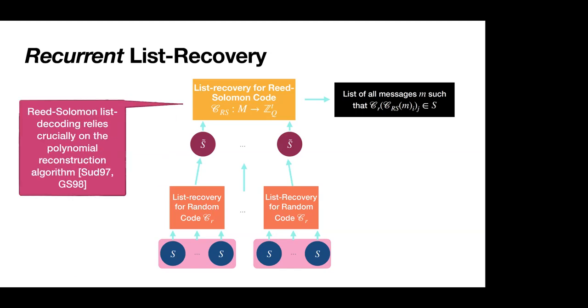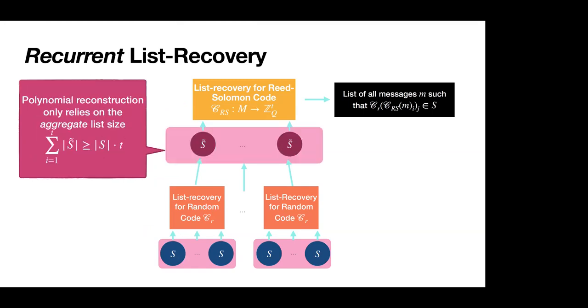And in particular, to remedy this, we're going to make the following observation. The Reed-Solomon list decoding algorithm actually boils down to just polynomial reconstruction, which is a really simple algorithm given by Sudan 97 and Guruswami-Sudan 98. And polynomial reconstruction only relies on the aggregate list size, so the sum of all these S tildes.